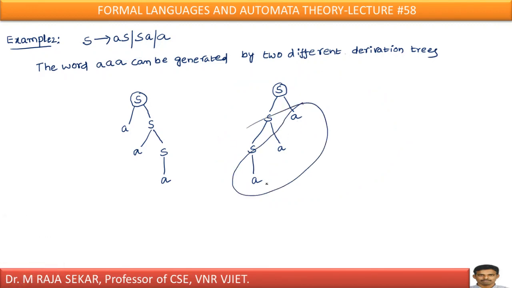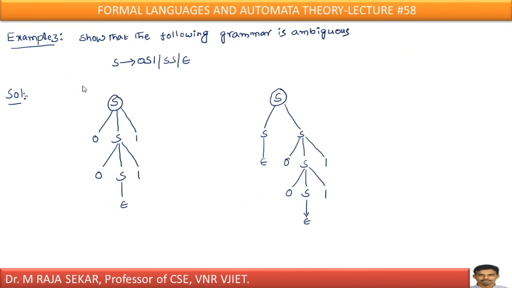This is the string. What is that string? A. Here also I am getting A. This is one parse tree, this is another parse tree. These two parse trees are generating the same string, isn't it? Therefore, I can say this particular grammar is an ambiguous grammar, isn't it? Yes.